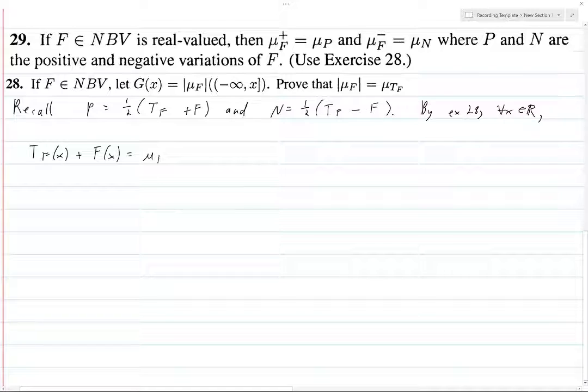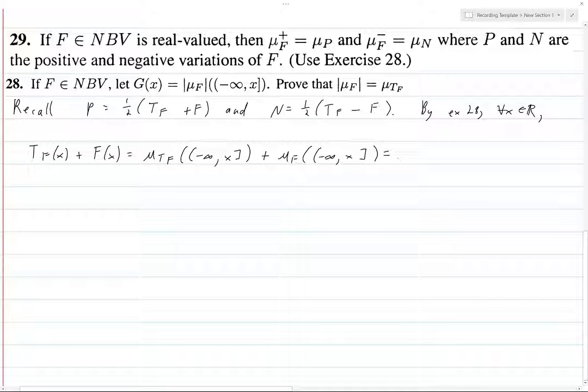Well, this by definition is just mu Tf of negative infinity to x plus mu f of negative infinity to x. And now, here's where we use exercise 28.